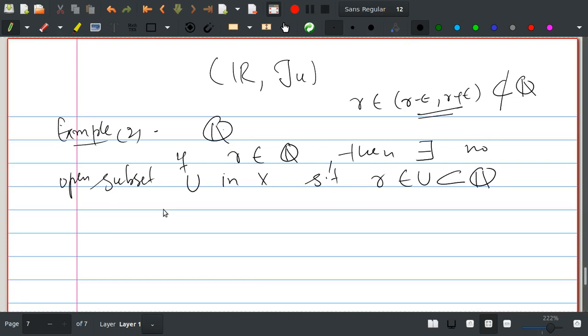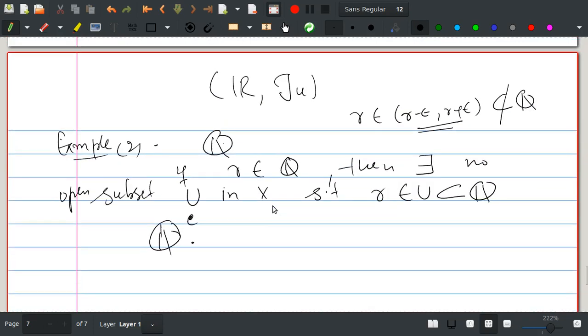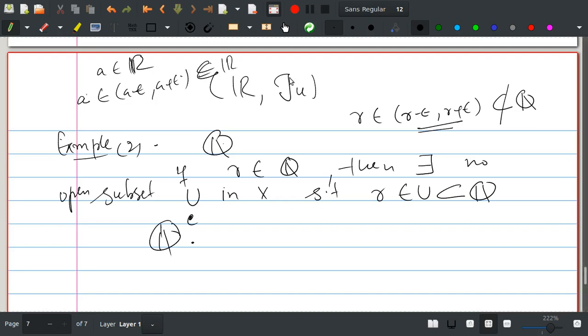Similarly, Q complement, the set of irrational numbers, is not a neighborhood of any of its points. However, if we look at R, it is a neighborhood of each of its points, because for any real number, say a in R, we are always able to find an open interval, an open set like this, which is contained in R. So R is a neighborhood of each of its points.